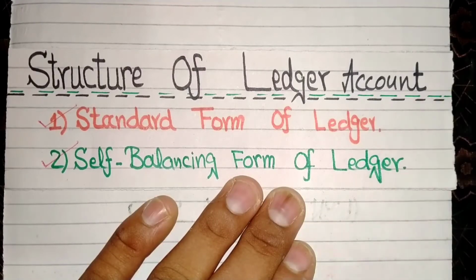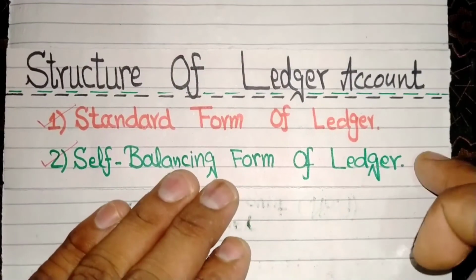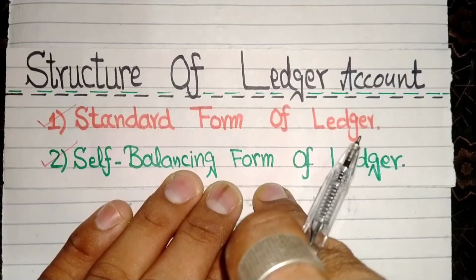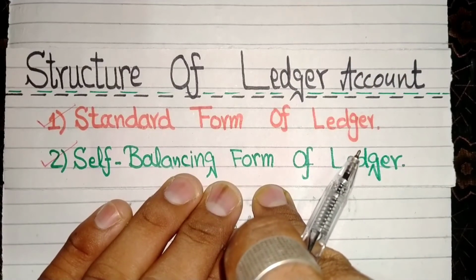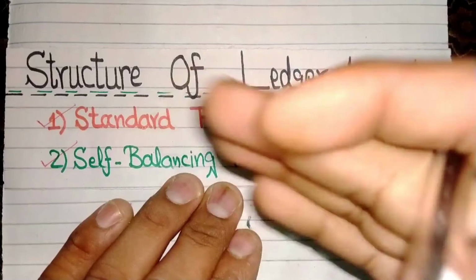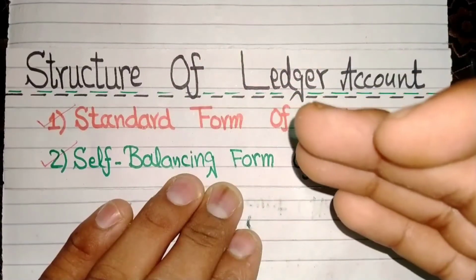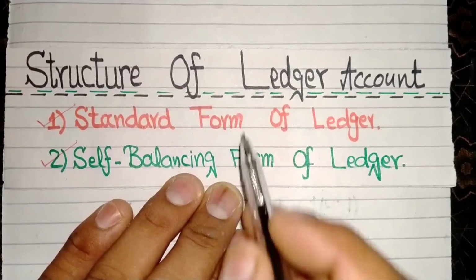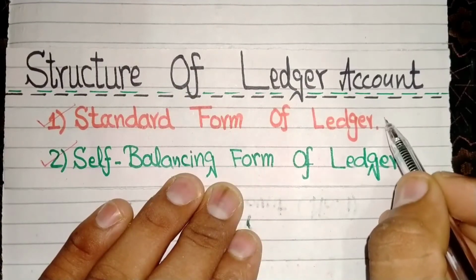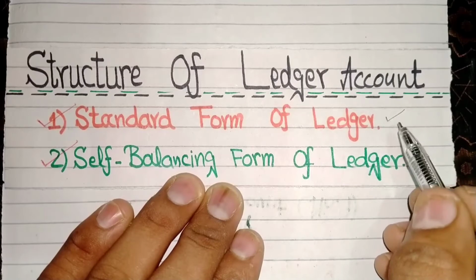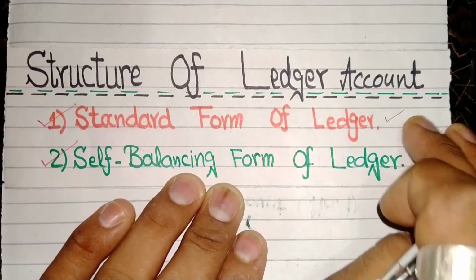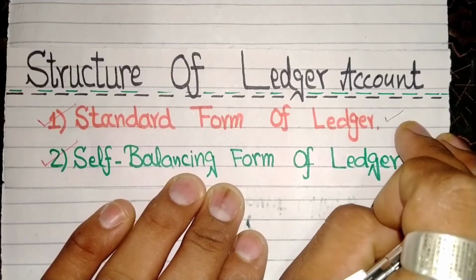Are you okay? Dear students, when I talk about the self-balancing form of ledger account, I will give you some conceptual explanation on this. In practice, the standard form of ledger account is not used, but it is usually used for examination purposes or educational purposes.